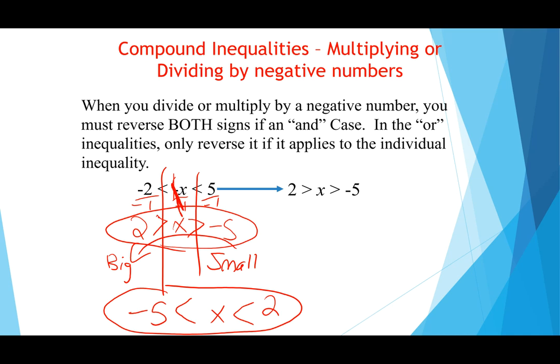You can still see that the -5 is smaller than the x, and the x is smaller than the 2. And that's still the case here. Everything just flipped around because this is more standard than this. So don't get freaked out if this happens and your signs flip like this. All you have to do is flip everything over.